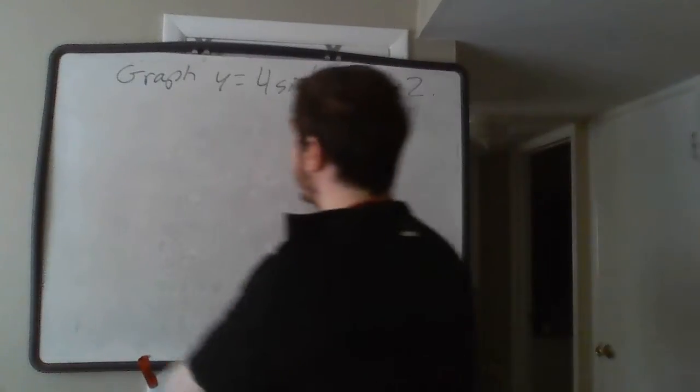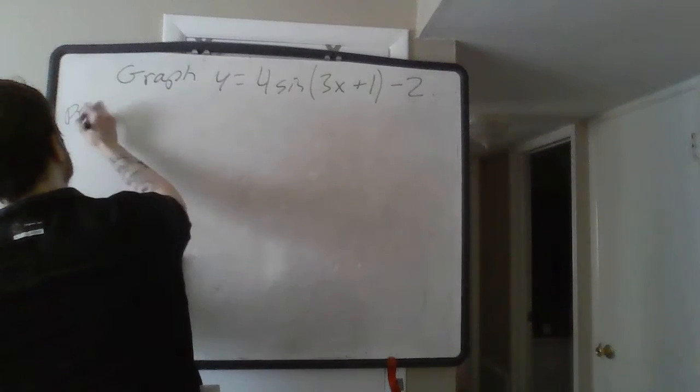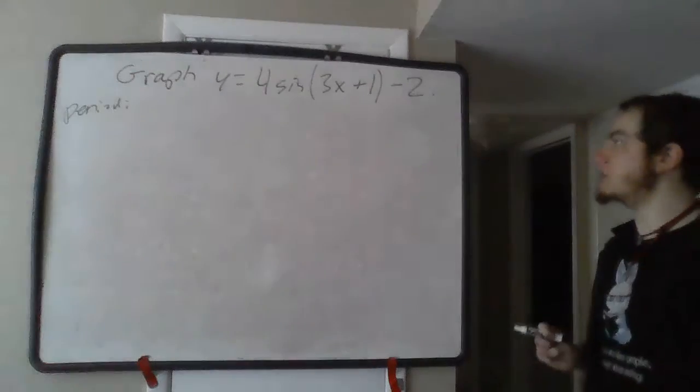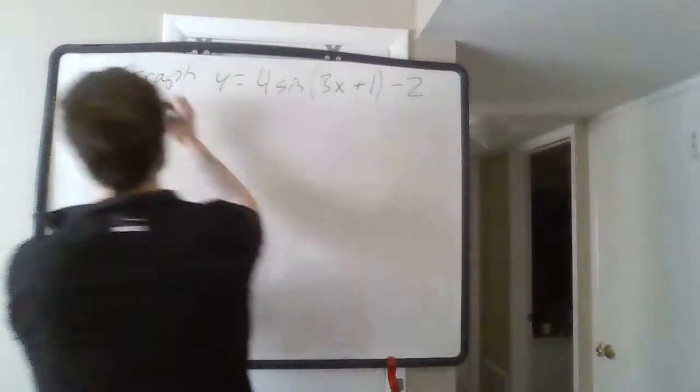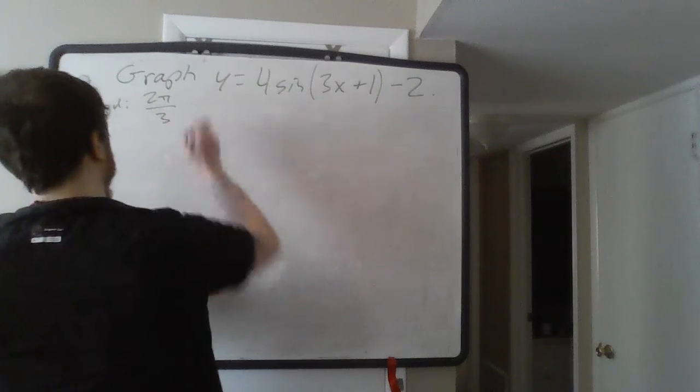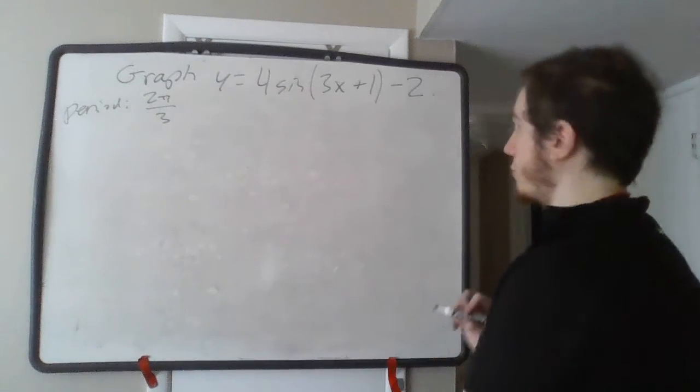Okay, so the new period, we can write down this information in any order that we want to, but I'm going to start with the period. Well, the period is going to be 2 pi divided by 3. So that's just 2 pi over 3.